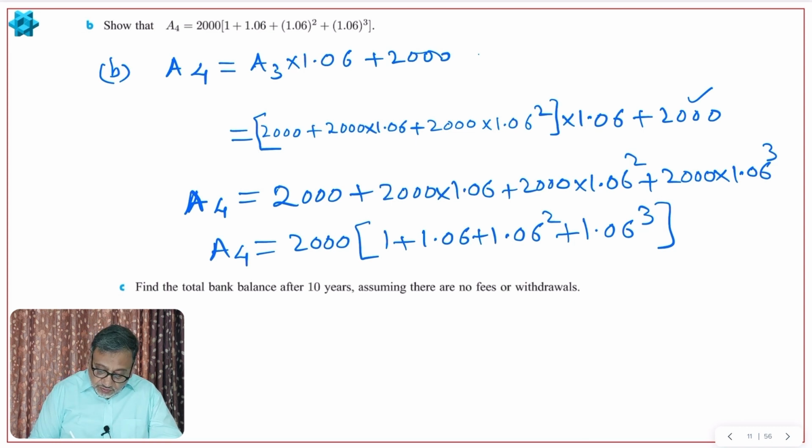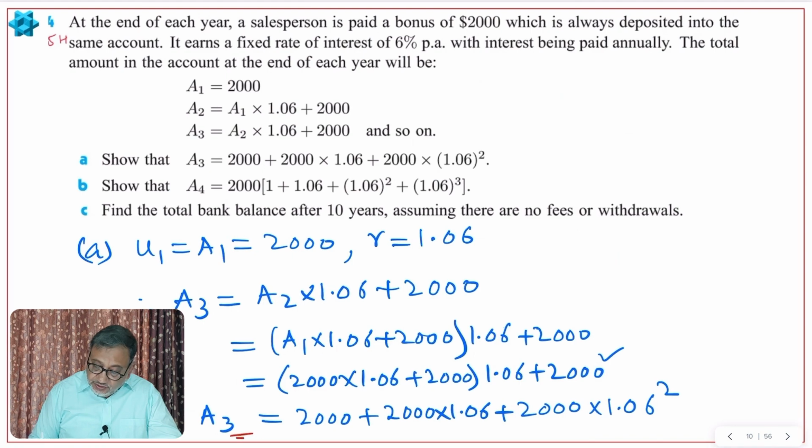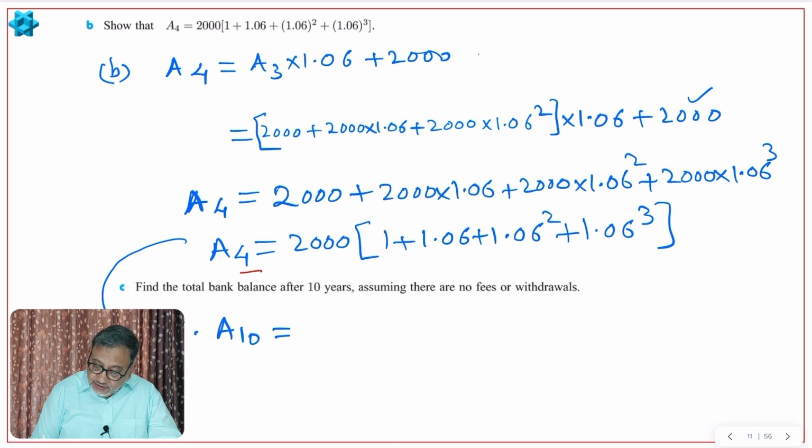From the above answers, A10 will be what? See what we have here. If it is A3, the last term has power 2. If it is A4, the last term has power 3. So A10 will have last term power 9.